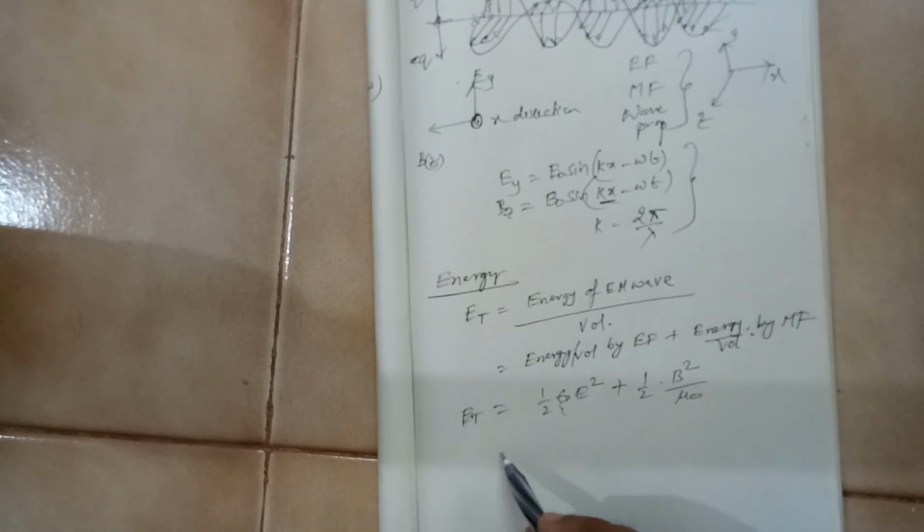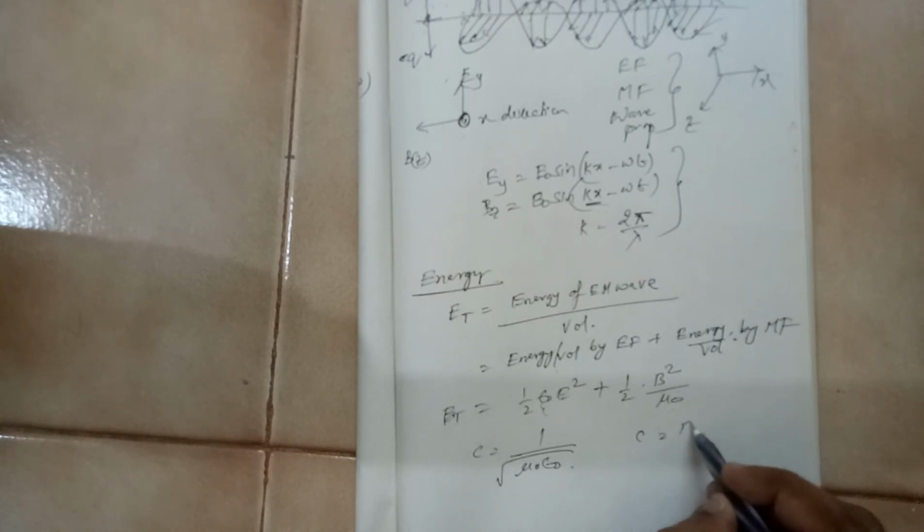Okay. Now we know that C is given by 1 by root of mu naught epsilon naught. You can get the value of C using this expression. C is the speed of the electromagnetic wave, which is the speed of light. And that's how they came to the conclusion that light is also an electromagnetic wave.